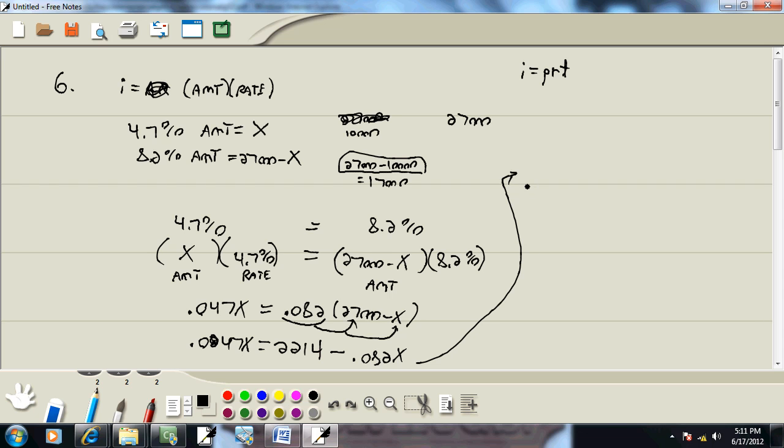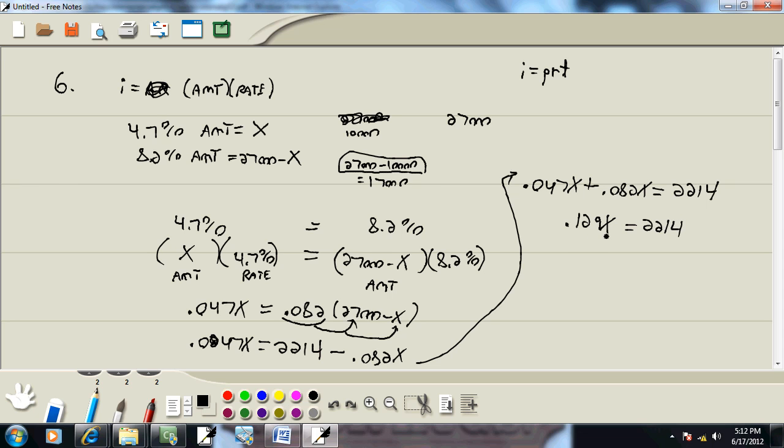Well, we want to get everything with x on one side, so I'm going to take the negative 0.082x to the left side, and it becomes a positive 0.082x. Combine like terms, 0.047 plus 0.082, and that gives us 0.129x.